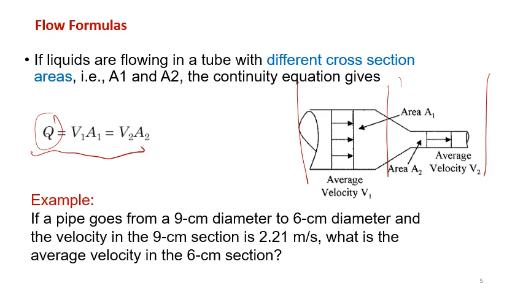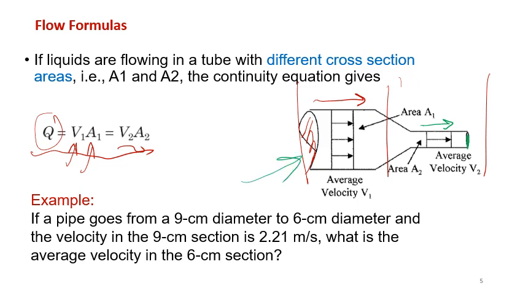What does he mean here? He said V1A1, meaning the velocity of the first pipe multiplied by the cross-sectional area of the first pipe, is equal to V2A2, the velocity of the second pipe multiplied by the cross-sectional area of the other pipe.